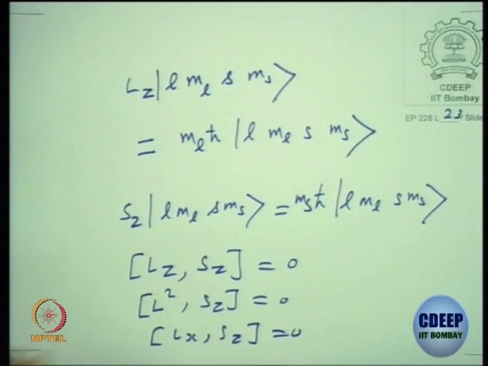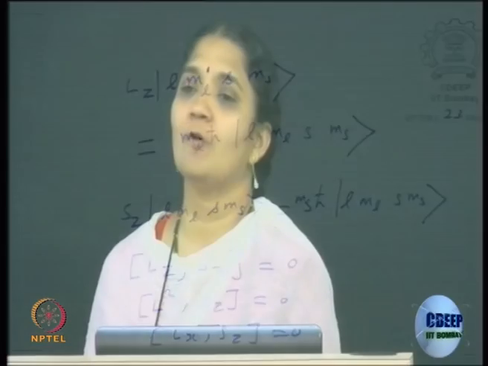So you can start arguing using the properties of all your angular momentum algebras which you learned for orbital angular momentum to infer that these are two different spaces, non-interacting. You can do this in the Dirac formalism on the state.